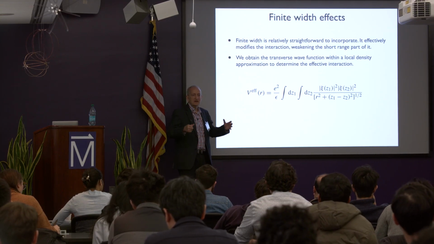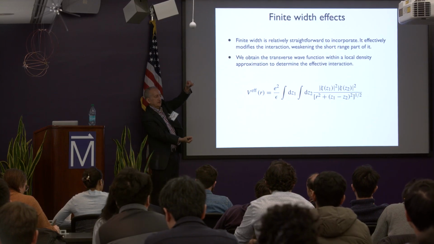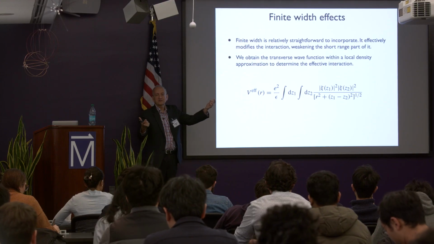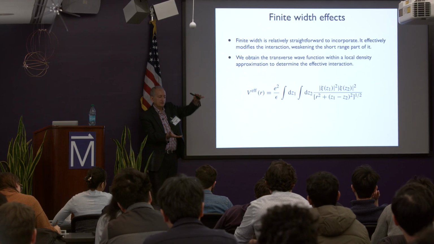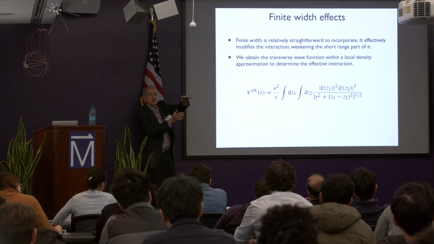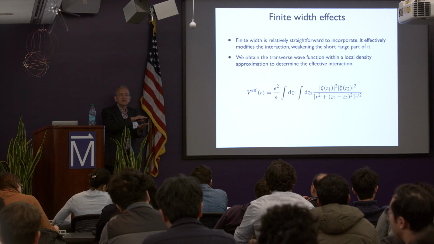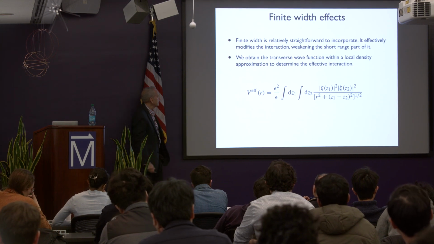So I guess the idea here is that if you have a strictly two-dimensional system, as two electrons come close to each other, it's like 2 points interacting with one another. But if you have a finite quantum well, it's like 2 disks are coming close to each other. So it kind of depresses the short-range part of the repulsion. That's what finite width does.